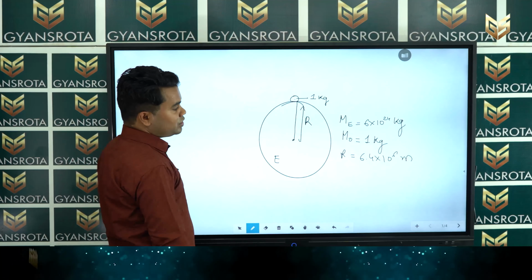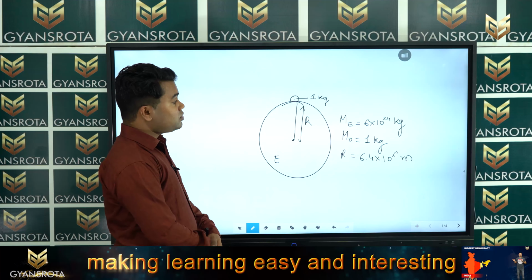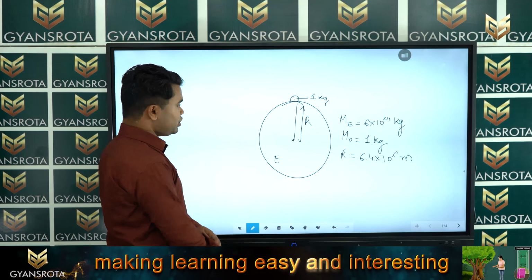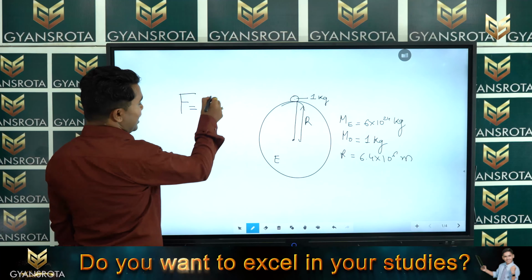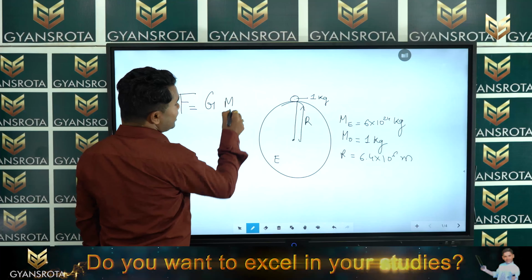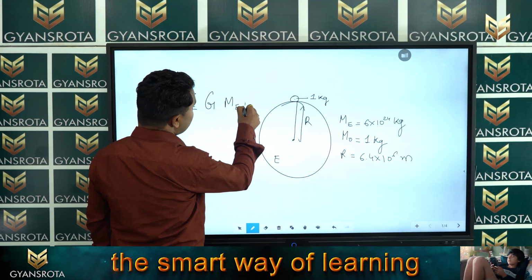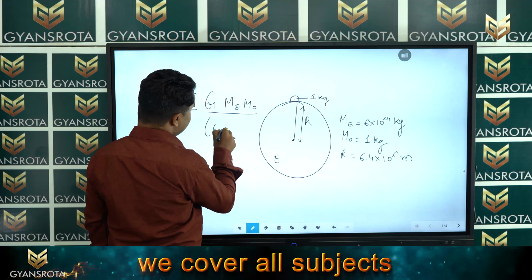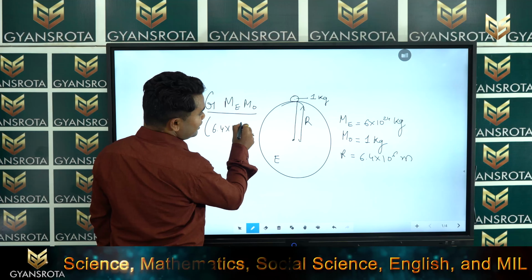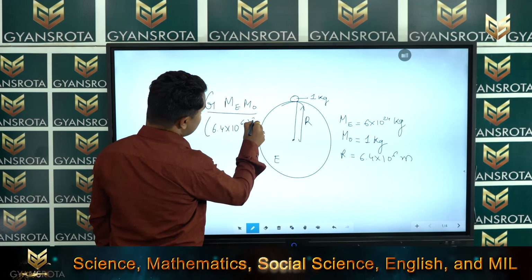Fine. So this is what we have right now. How can you solve this question? You need to find the gravitational force according to the universal law of gravitation. F is equal to G m1 m2 divided by r square, that is, divided by (6.4 into 10 to the power 6) whole square.